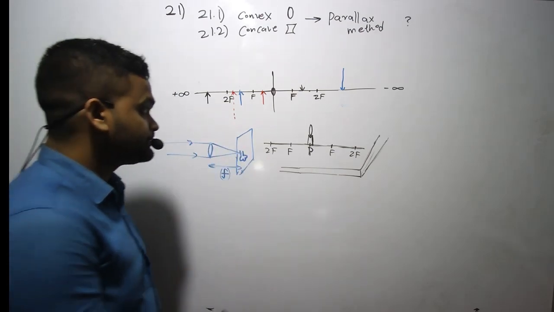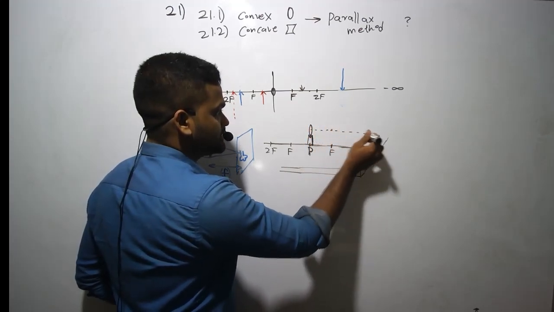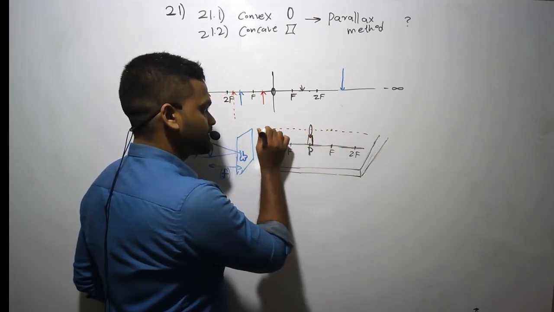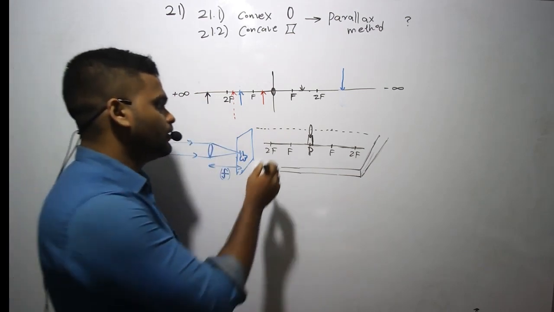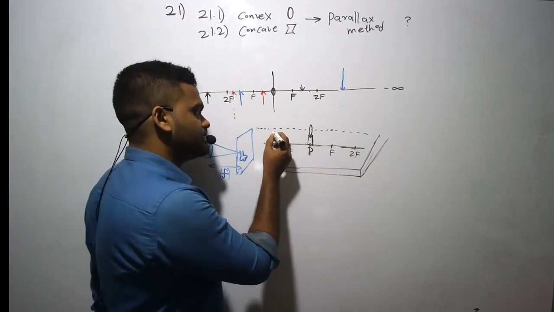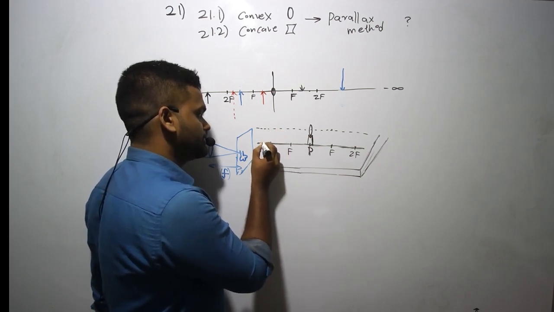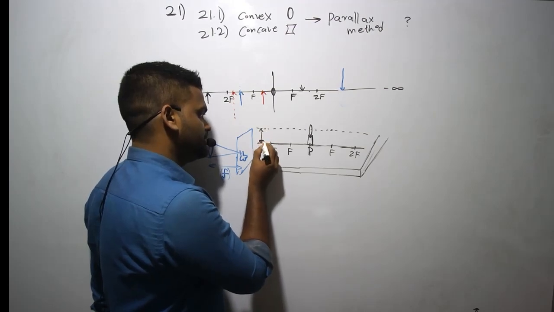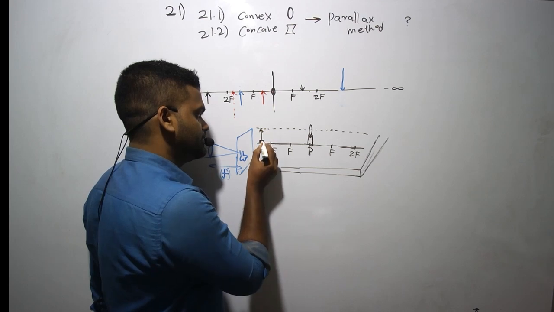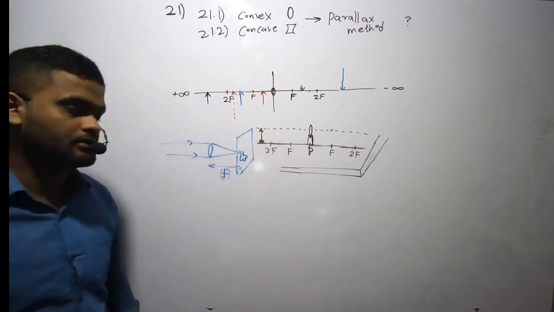Then we have this principal axis here now, right? Principal axis. Okay. Then on this line, we can position the object pin. These are just optical pins, like needles, mounted on stands. This pin set is also mounted on stands.